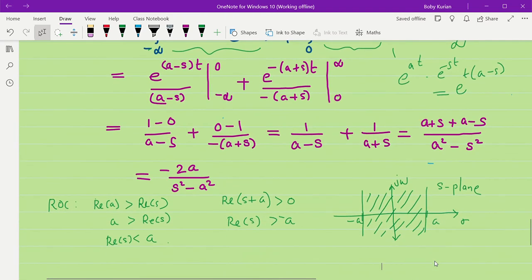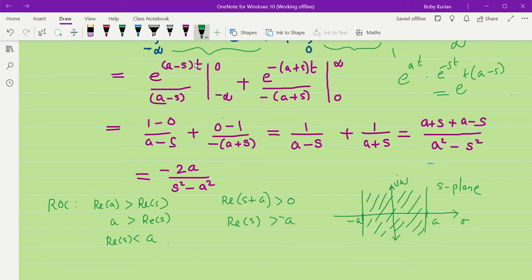Already we have seen a lot of problems of this form. Let us apply the upper limit and lower limit. Applying 0, e power 0 is equal to 1. Applying minus infinity, we get a minus s into minus infinity.